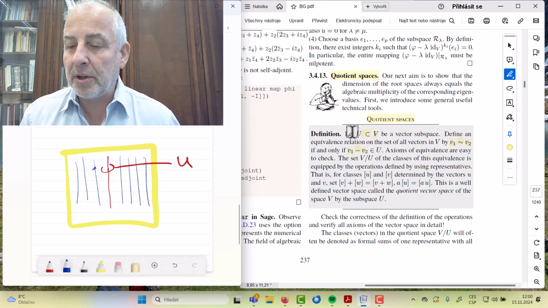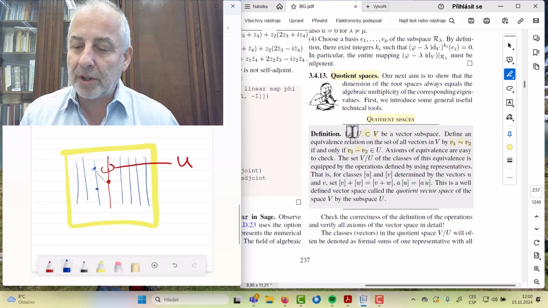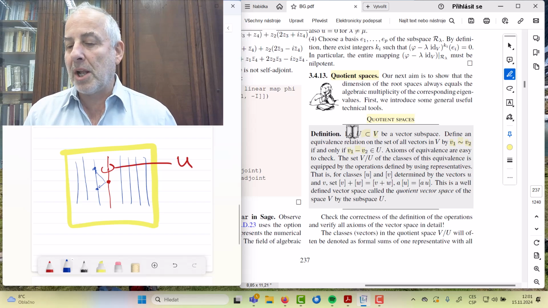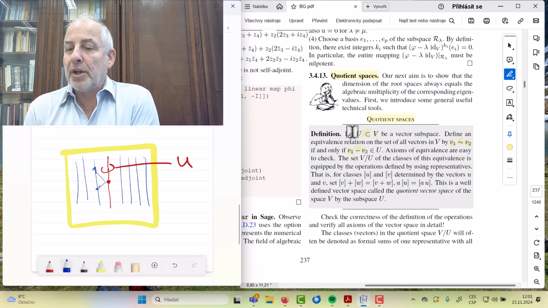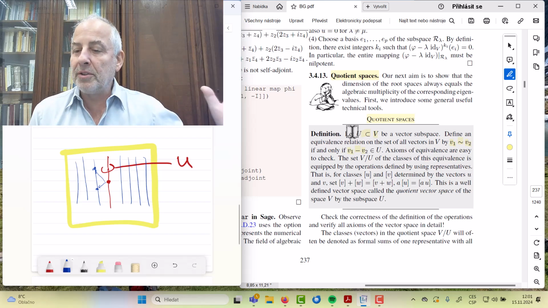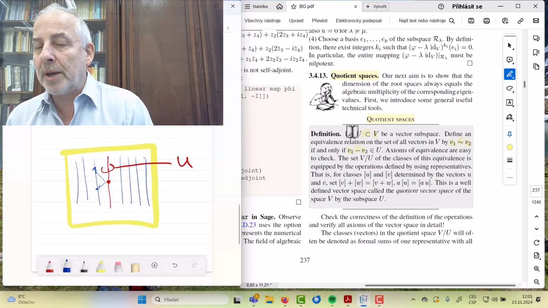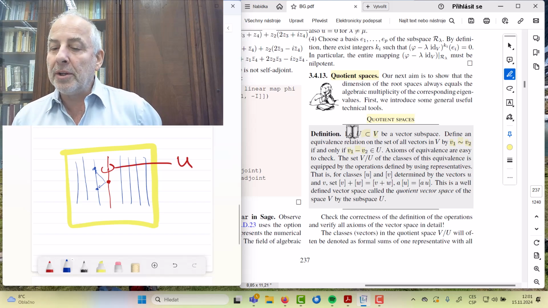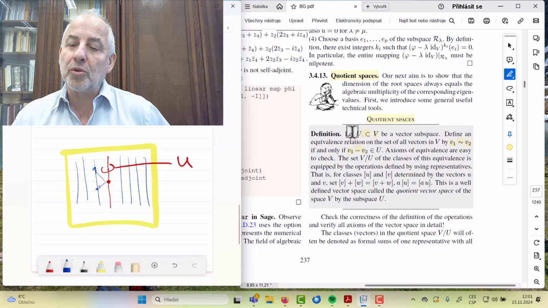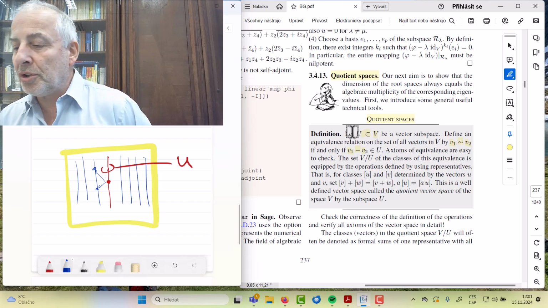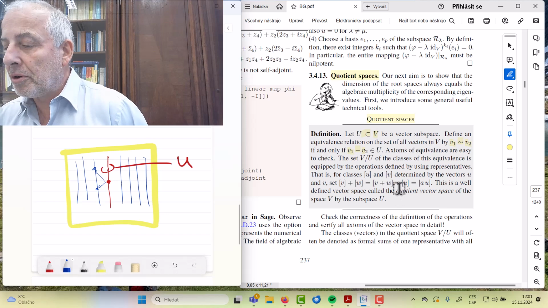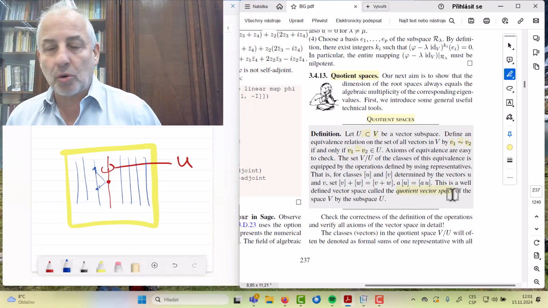Because if this is U, with the origin somewhere on U, you see the two vectors have a difference sitting in U only if they sit on a line parallel to U. So I simply decompose the plane into lines parallel to a given subspace U, and this is the same thing as saying that I'm interested in some properties, but I measure them only up to changes in U. And this is general for all vector spaces and subspaces, and it's called a quotient space.